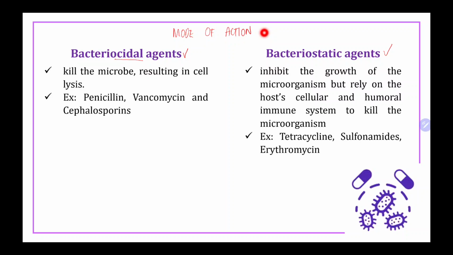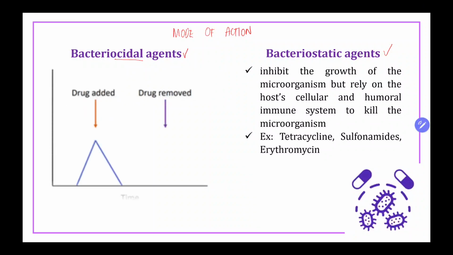Examples are your penicillin, vancomycin, and cephalosporins. That is why after taking a bactericidal drug, there would be lysis of your microorganisms. So after taking it, your microorganisms are gone due to cell lysis.